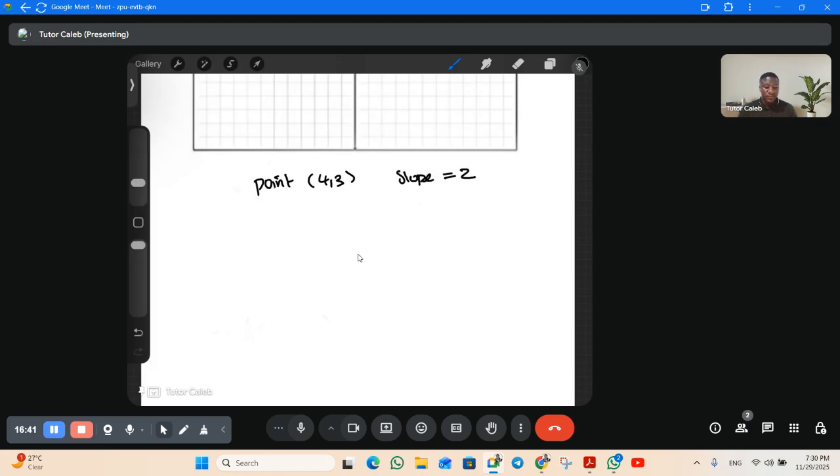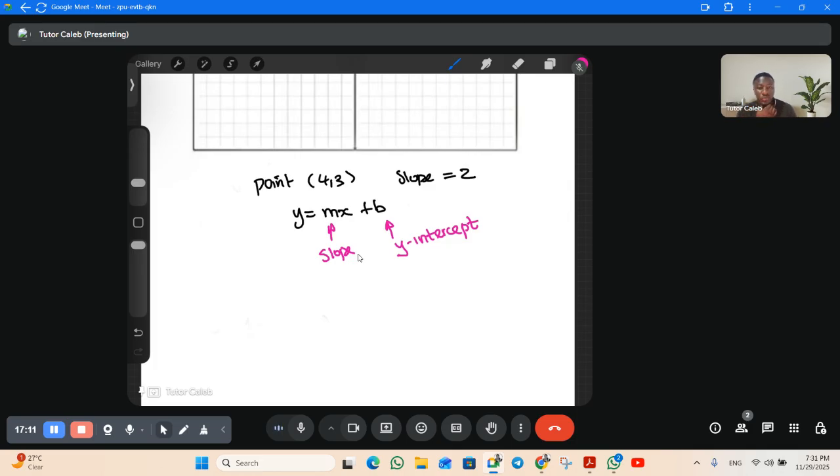Remember that the general mathematical way of writing the equation of a straight line is y equals mx plus b. In this equation, m is your slope, b is the y-intercept. We already know m, which is 2.